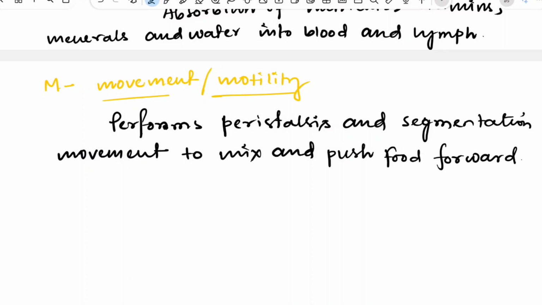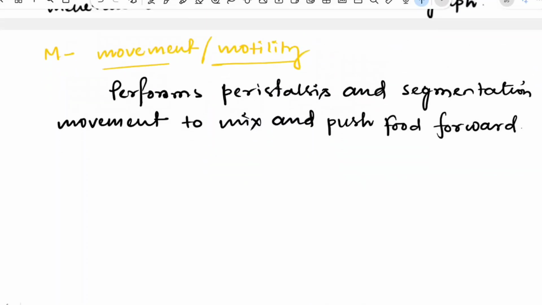Mixing means, as I already told, segmentation. Pushing forward means peristalsis. So like that you can remember, it performs two types of movement: peristalsis and segmentation. By that, mixing of food and forward movement of food.